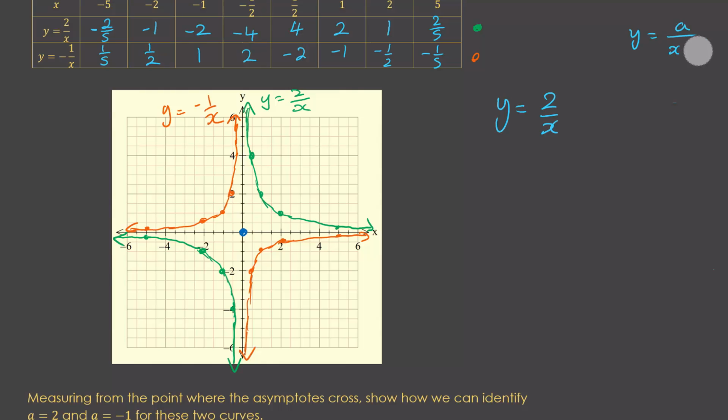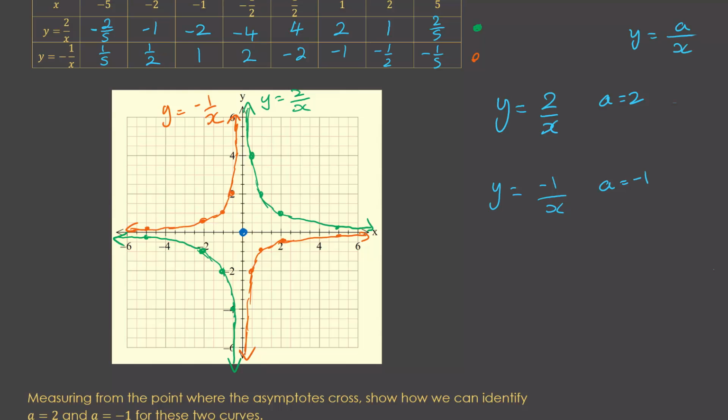Now in this particular case, as we'll see shortly, it's just a/x because the b is 0. And so we've got y equals 2/x and y equals -1/x. So in the first case, a should be 2, and in the second case, a should be negative 1.